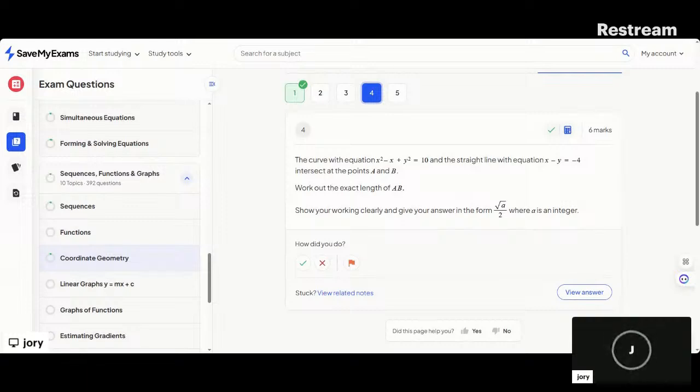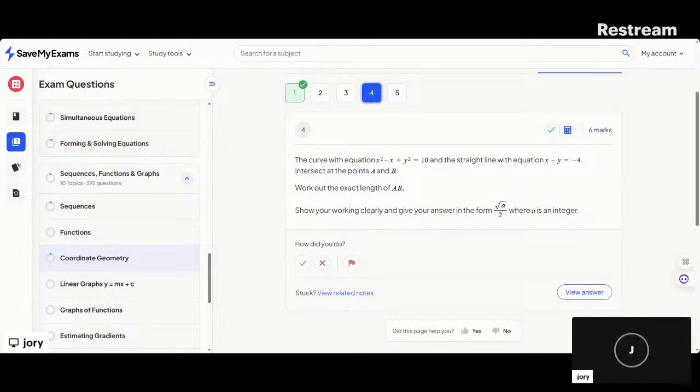Negative 4 plus y equals x squared plus y squared minus 10. Find y and place it in there.